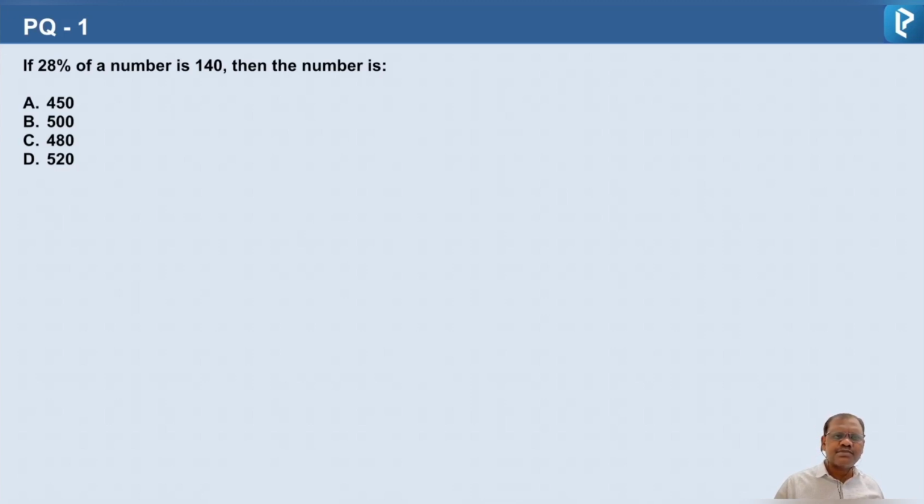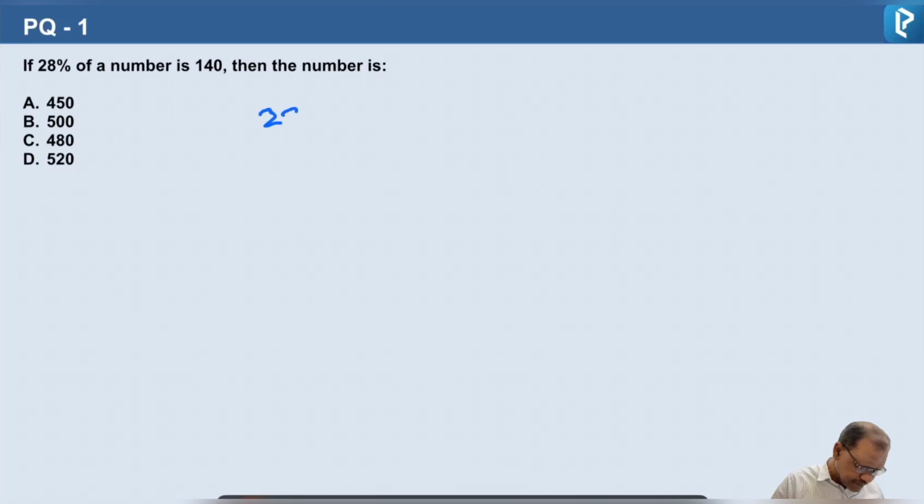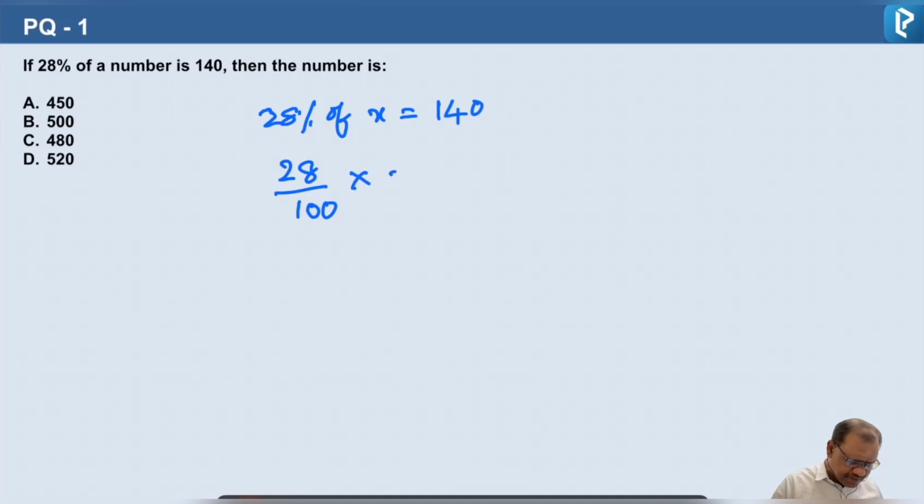Let us assume the number as x. 28% of x is equal to 140. Percentage means by 100, and "of" is multiplication, so 28 by 100 into x is equal to 140.